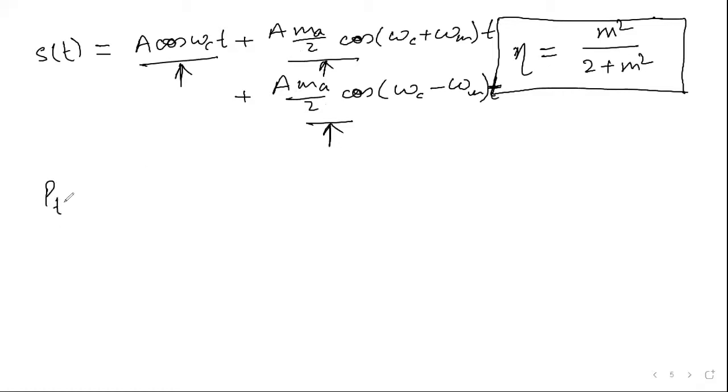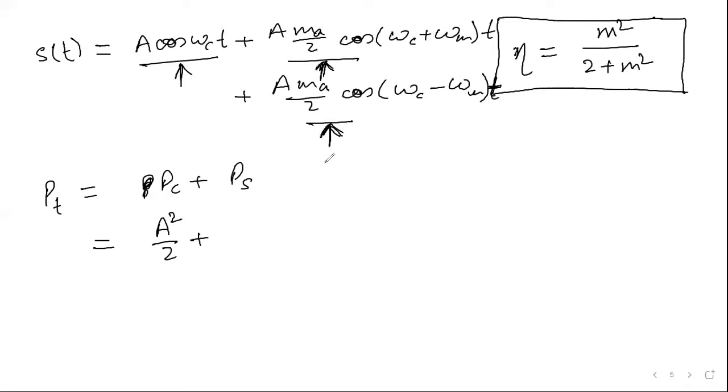So from this we have to calculate the total power. You already know that total power is the carrier power PC plus the sideband power. What is the value of carrier power? We have the carrier power as A square by 2 plus, what is the sideband power? We have this part and this part.